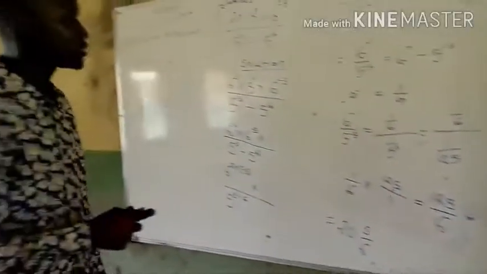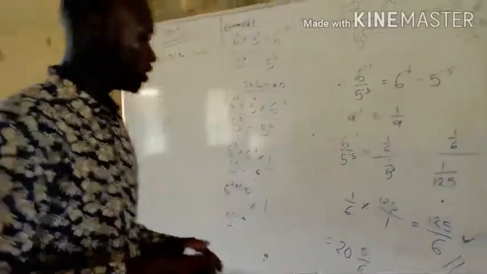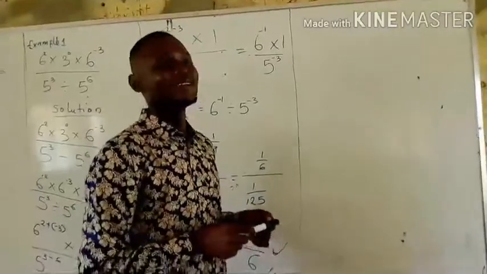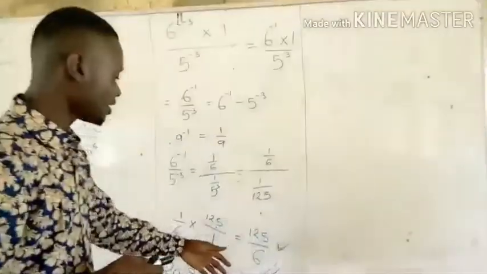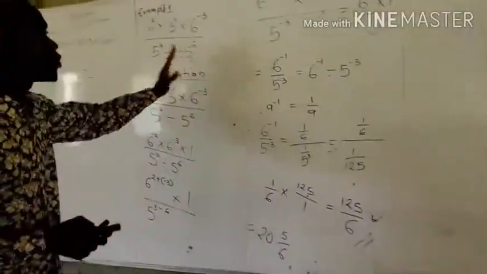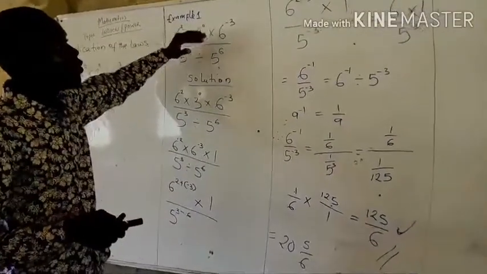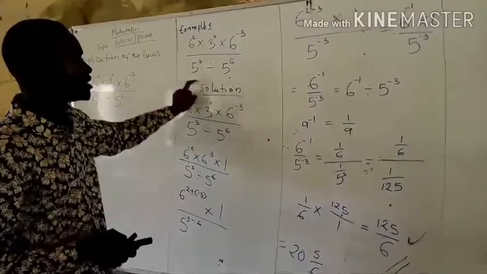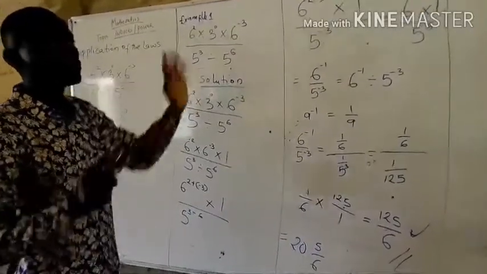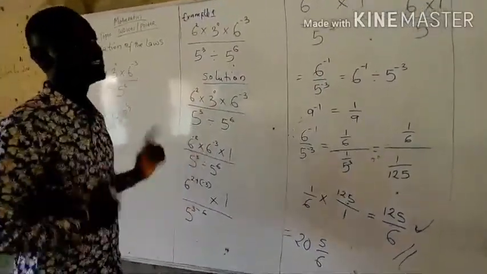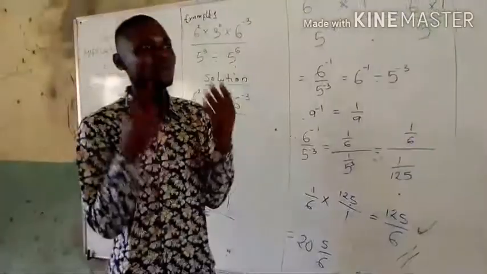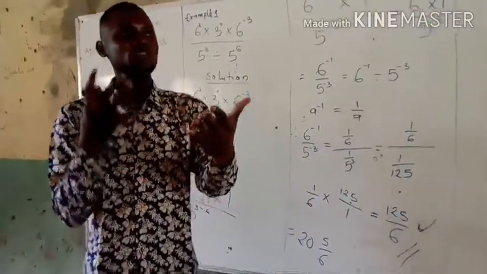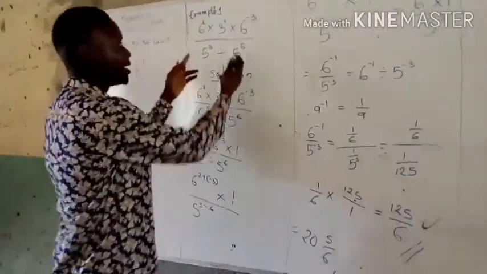I hope this one is okay. So with this example now, you can see that we covered almost all the laws that are involved in indices. So you shouldn't get confused about laws of indices. All you should do is just understand the basic concept of every law, then apply it.